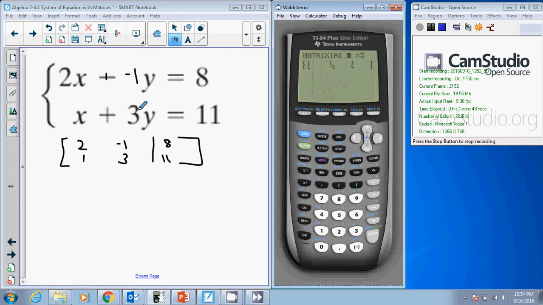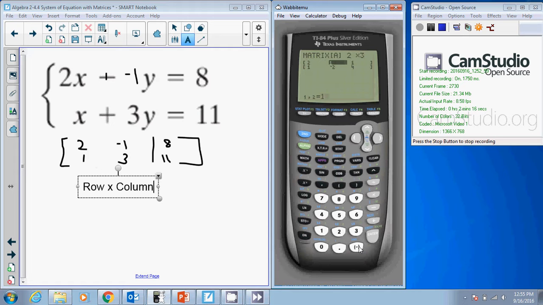Again, as a reminder, when you're entering a matrix, it's row by column. So if you look at the matrix that we created, there are 2 rows and 3 columns. So in my calculator, I'm going to do 2, enter, 3, enter, and then I'm going to enter my coefficients that I came up with.